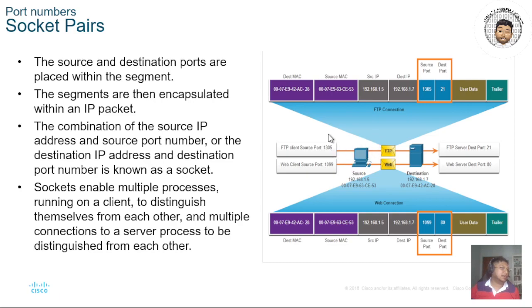The sender is going to send from 1305 and the destination is port 21. Port 21 is basically the door they are going to use for entering your computer for processing. For the web connection, you have a different port, 1099, and the web server port is 80.